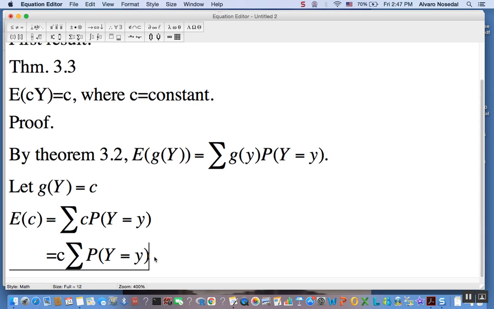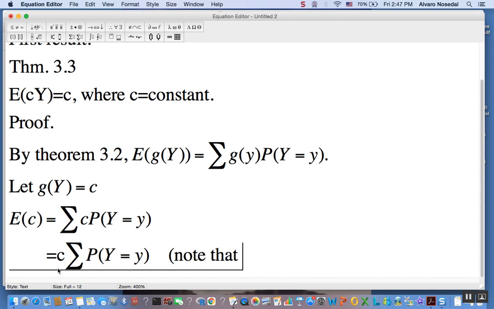Now note that the probability that y equals y, if you do the sum over all possible values of y, this is supposed to be a legit probability distribution. So the sum of these probabilities for all possible values of y is going to be 1. So let me just say that.